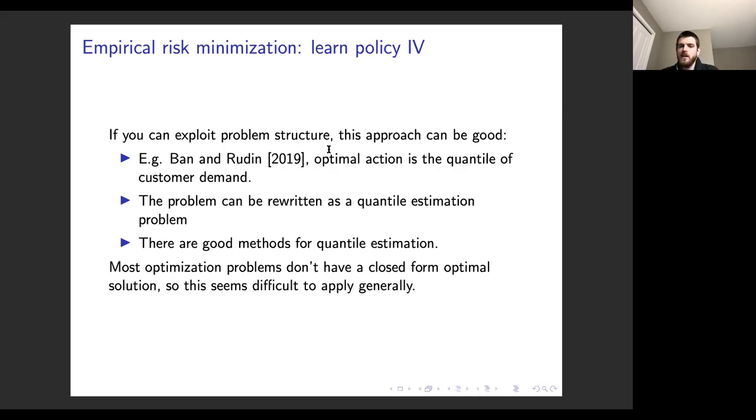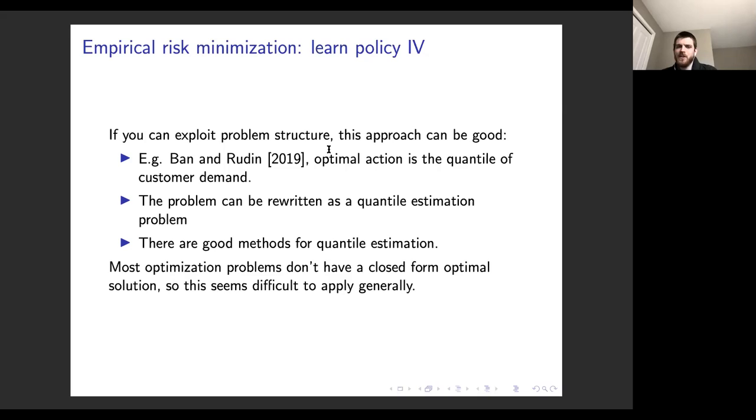So then really your optimal policy is just find the quantile of customer demand. And so you can just rewrite this as a problem of estimating a quantile. And then there are good empirical risk minimization methods for quantile estimation. And so you can get that to work pretty well.